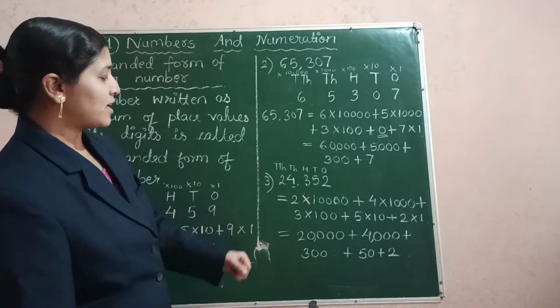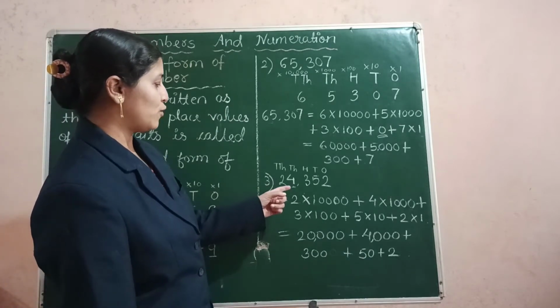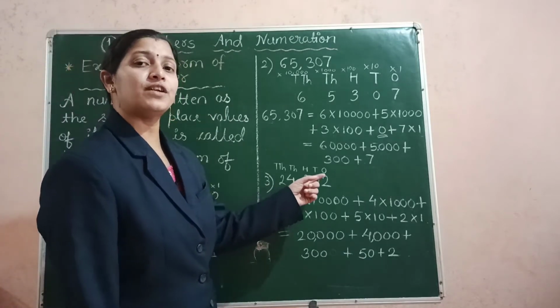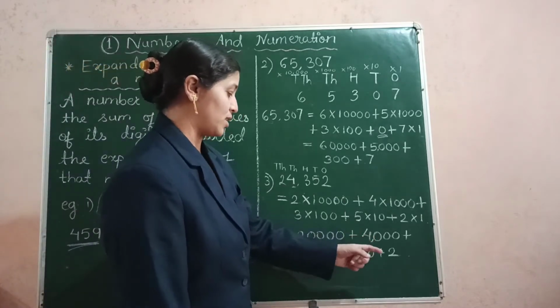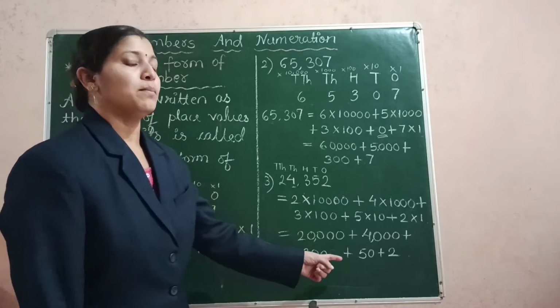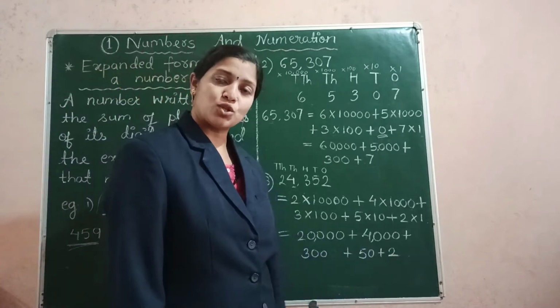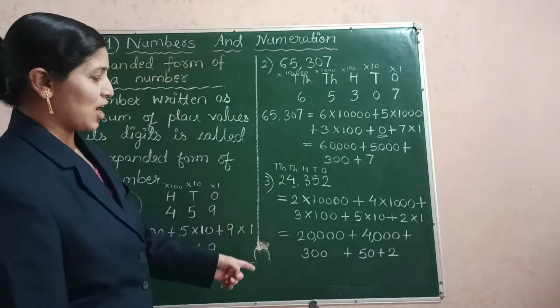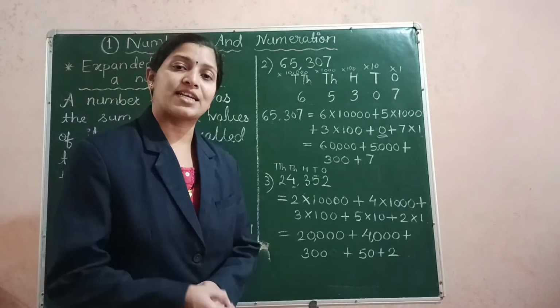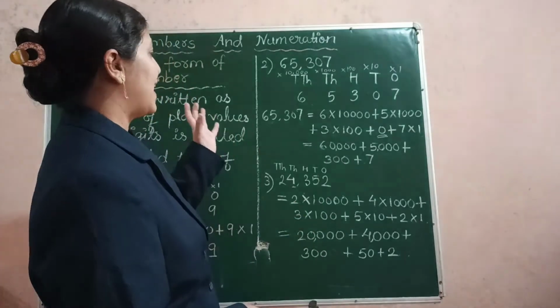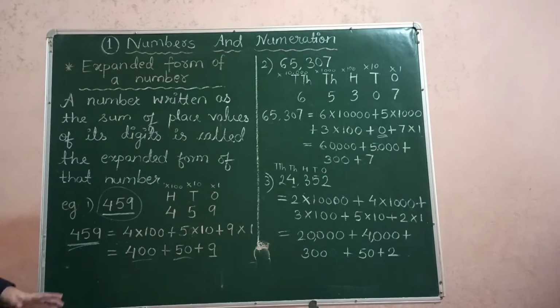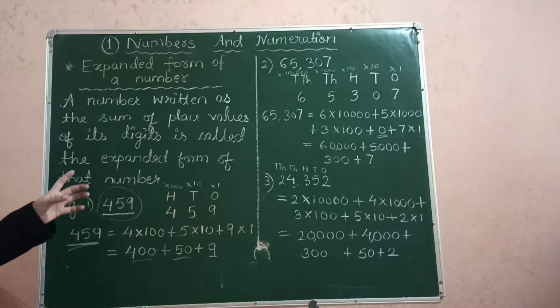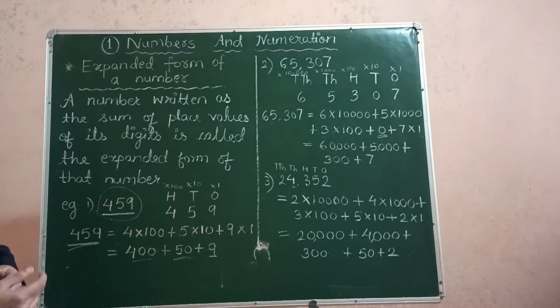So the expanded form of the number 24,352 is 20,000 plus 4,000 plus 300 plus 50 plus 2. So this is how we have to write the expanded form of any given number. You can just go through all these 3 examples and try to solve all these 3 examples on your own.